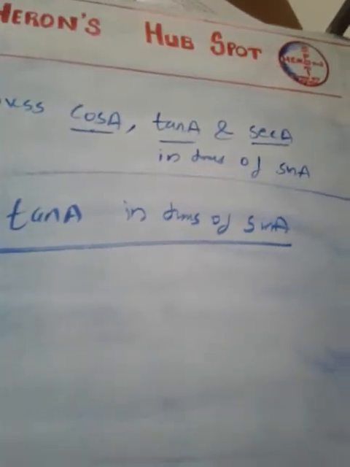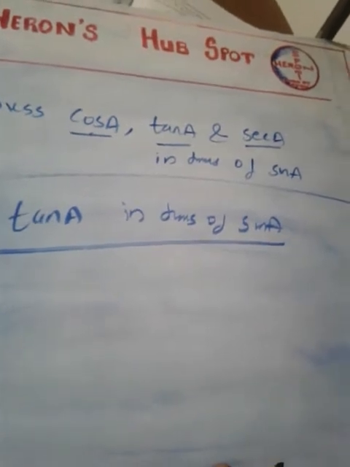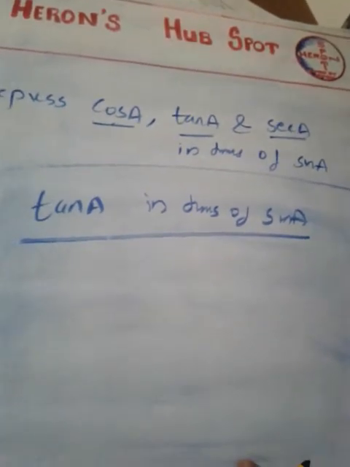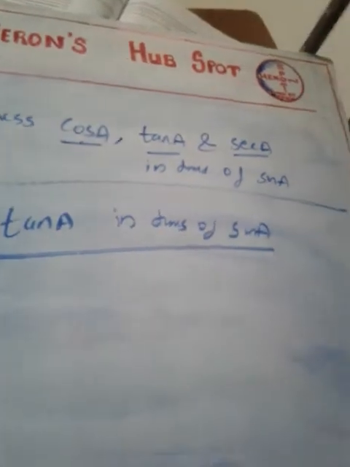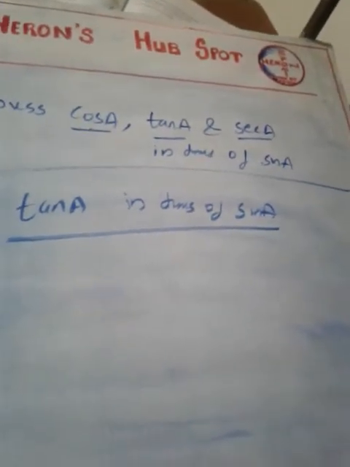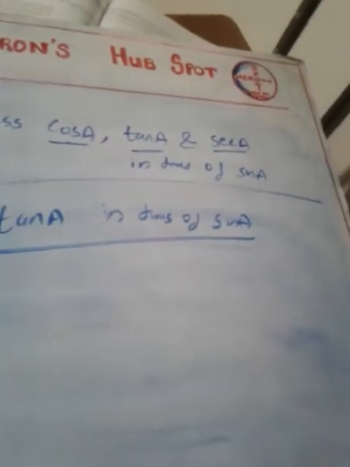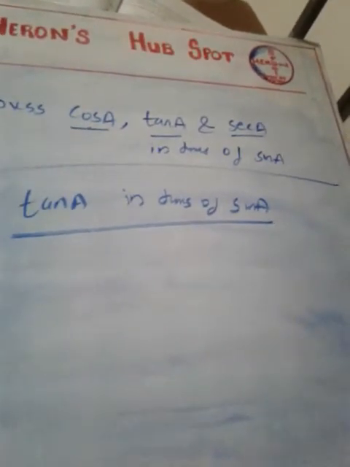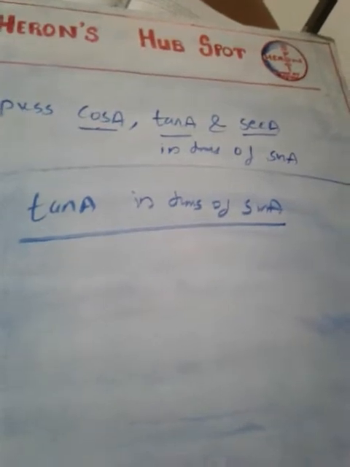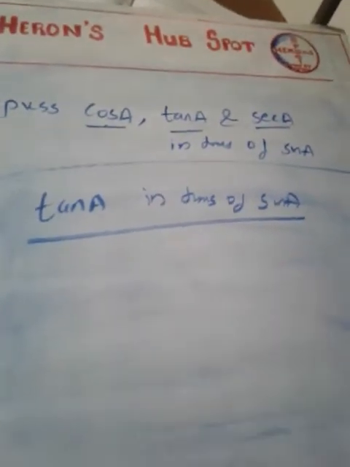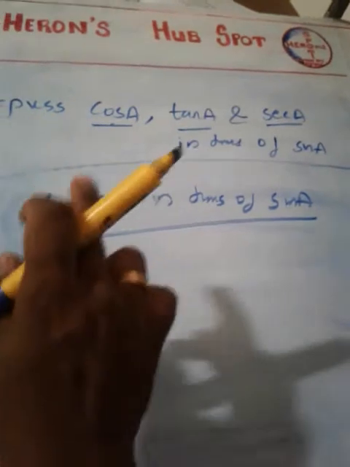Because the first identity, sin square theta plus cos square theta is equal to 1, is a relationship between sin and cos, not tan and sin. The next identity, 1 plus tan square is equal to sec square, is a relationship between tan and sec, not tan and sin. And the third identity, 1 plus cot square theta is equal to cosec square theta, is a relationship between cot and cosec, not tan and sin. That means in short there is no direct identity connecting tan and sin.